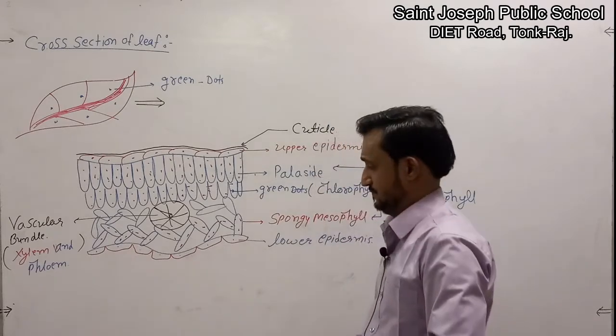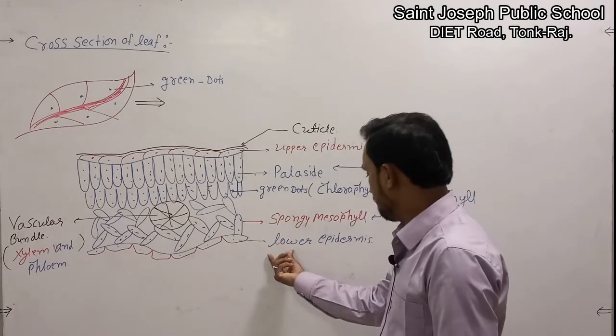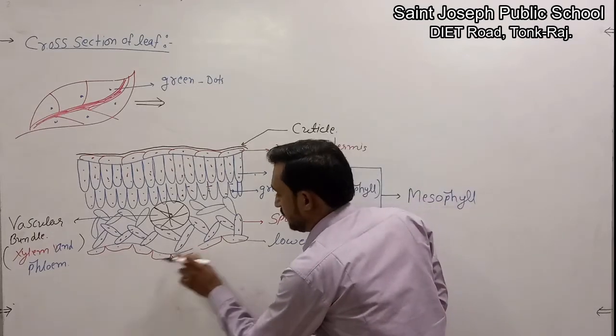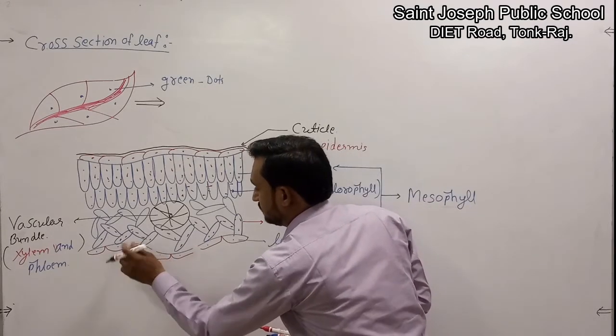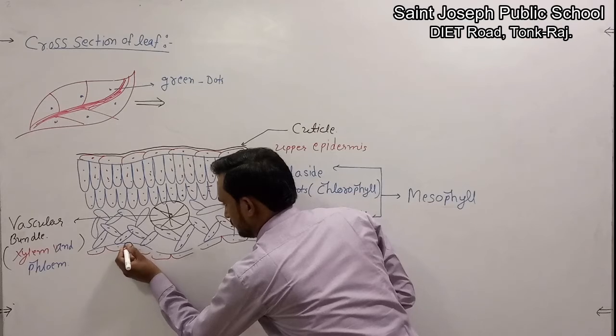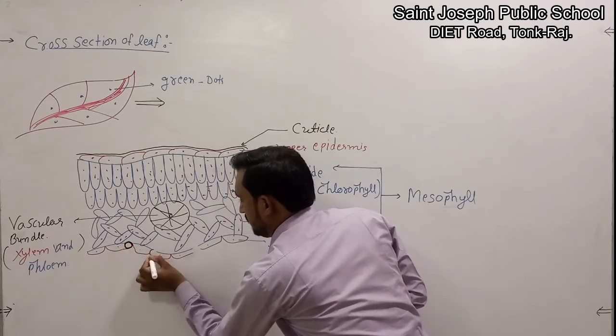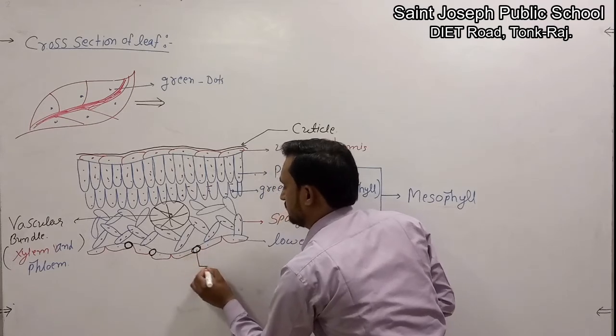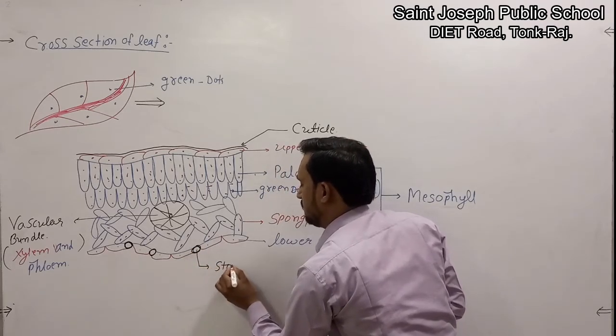After it, at the lower surface or lower epidermis, there are some pores situated in this manner. These pores are stomata.